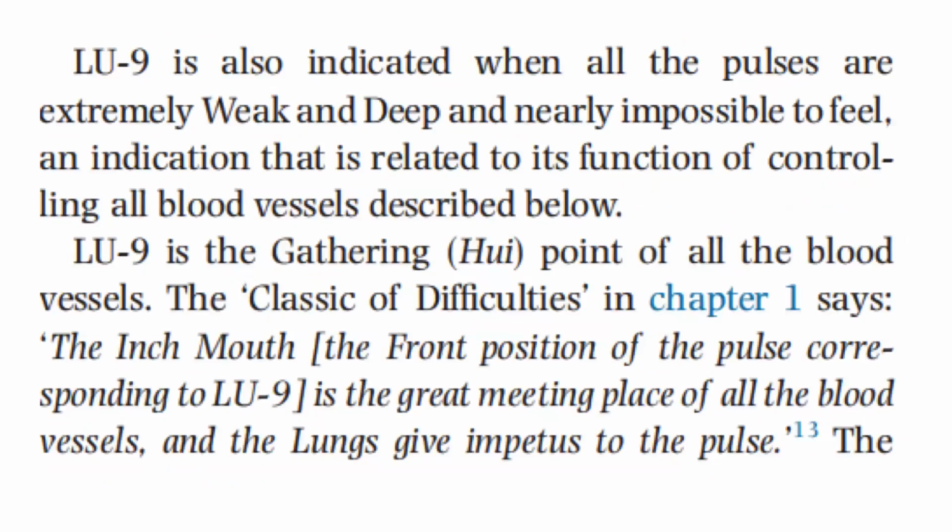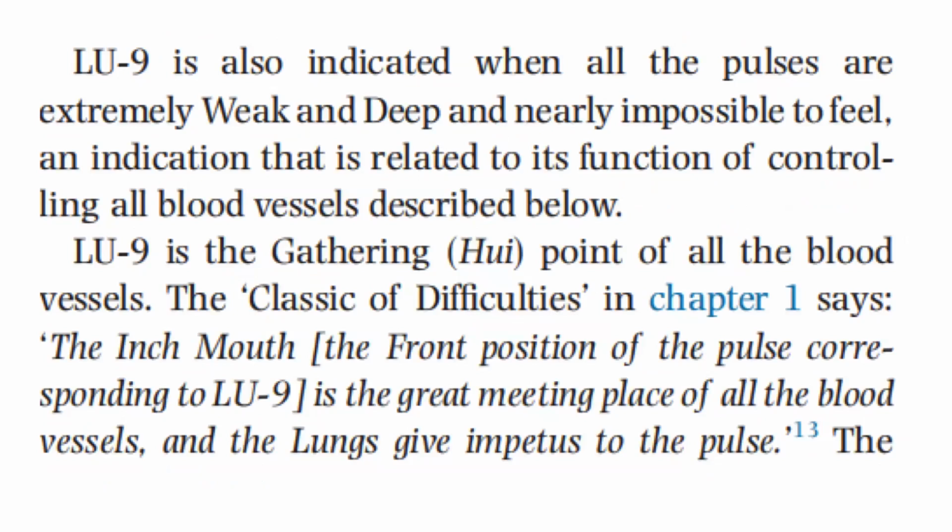Lung 9 is also indicated when all the pulses are extremely weak and deep and nearly impossible to feel, an indication that is related to its function of controlling all blood vessels. Lung 9 is the gathering point of all the blood vessels.